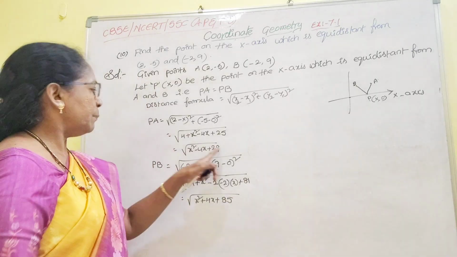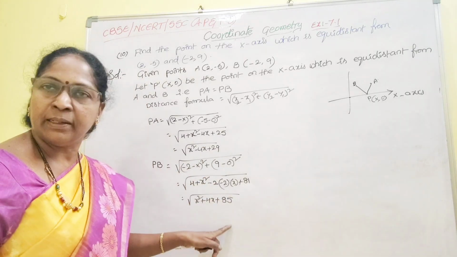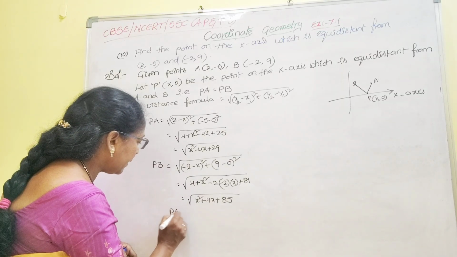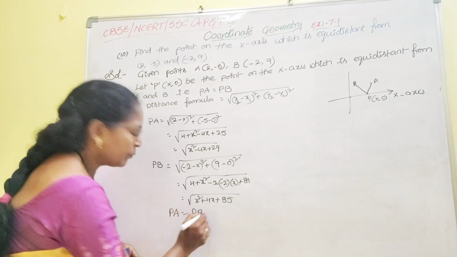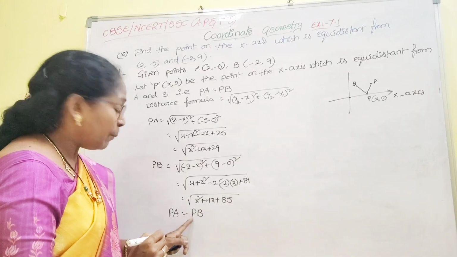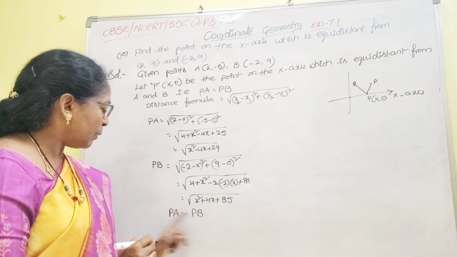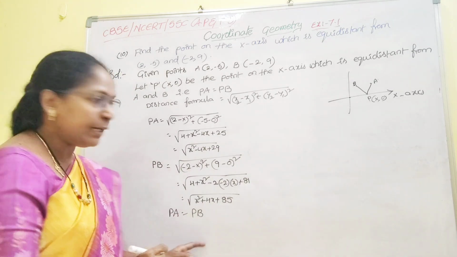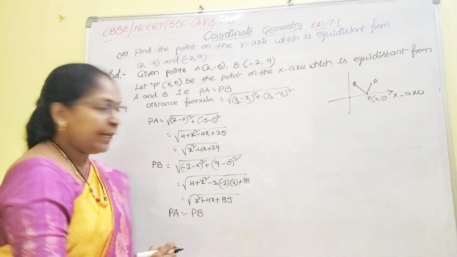So we already found the distances PA and PB. Now the condition is PA equals PB. Why? Because the point P is equidistant from both points A and B. So according to that condition, PA equals PB, just find out the x value.